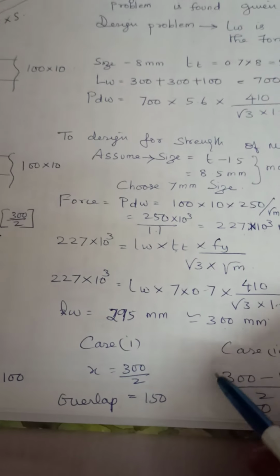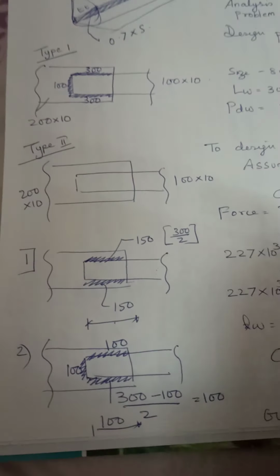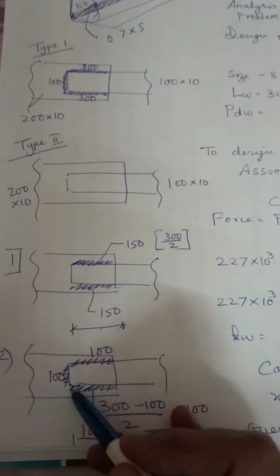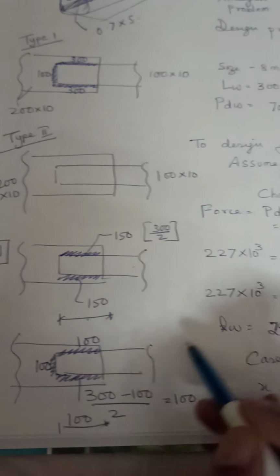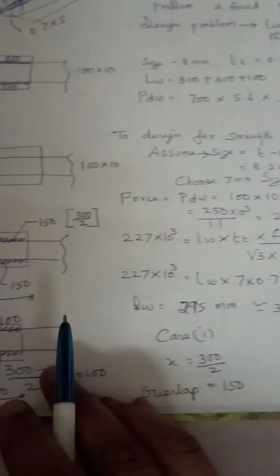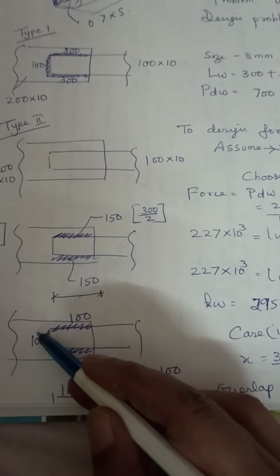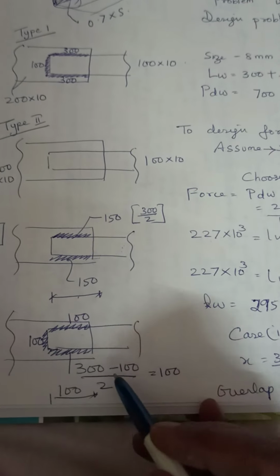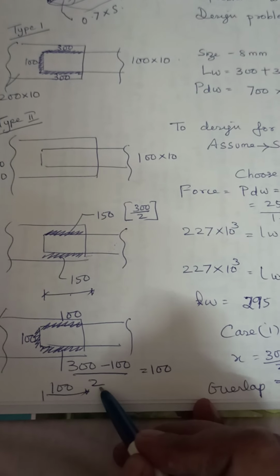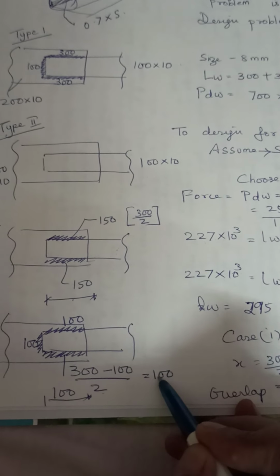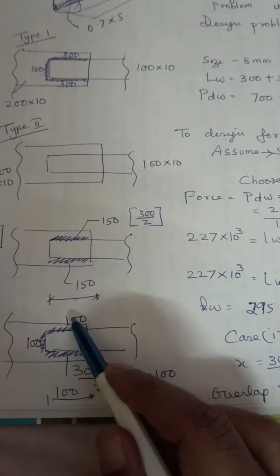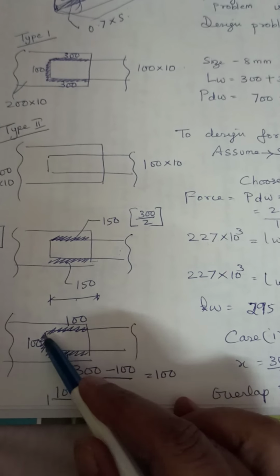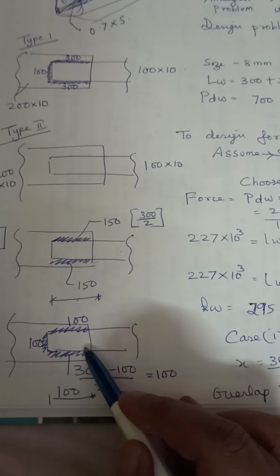The second case is where we also provide an end weld here. The total length of the weld required is 300, minus this plate width. So 300 minus 100, divided by 2, arrives to be 100 mm. So 100 plus 100 plus 100, 300 mm, you can provide all over the width of the plate.